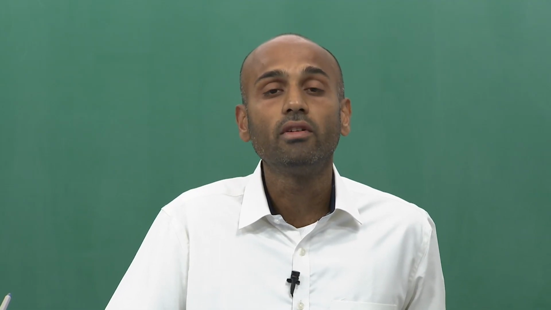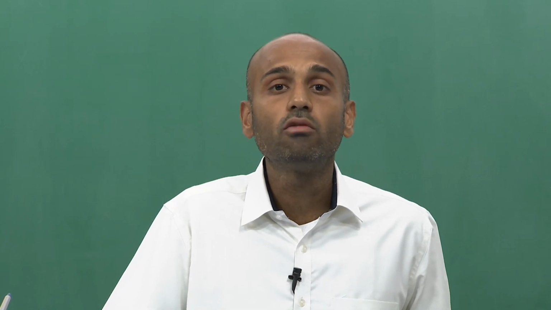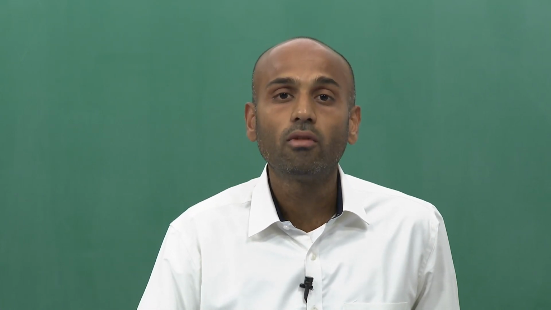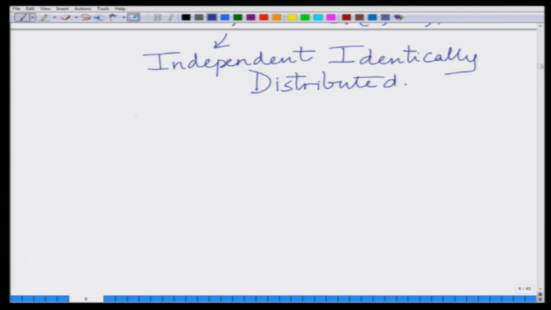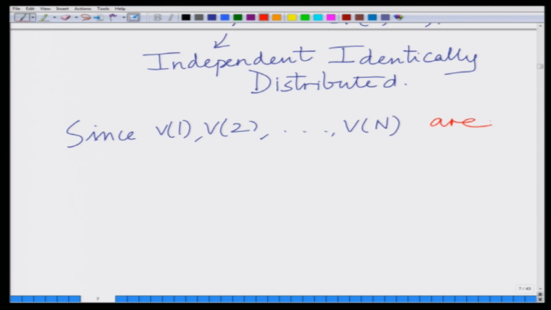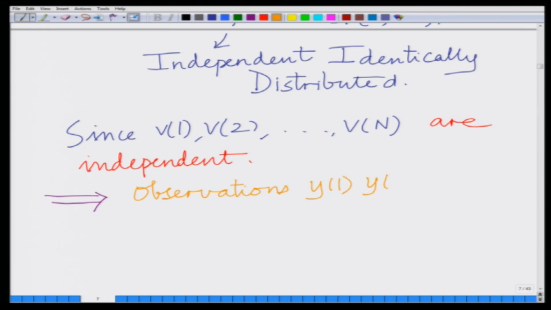These noise samples v1, v2, up to vn are independent, which means the observations y1, y2, up to yn are also independent.